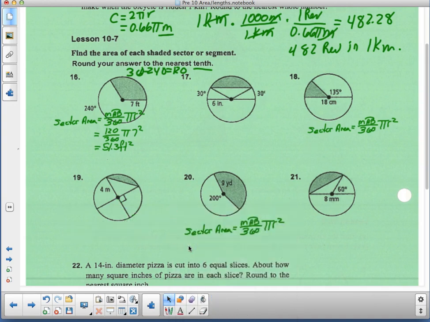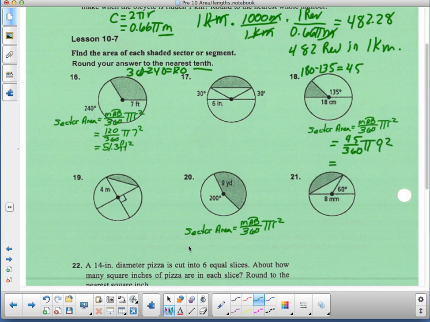So here's the deal. These 3 that I have set up in green are all the same sector area. This is 135, 180 minus 135 is going to give me 45. So I've got 45 out of 360 pi 9 squared.